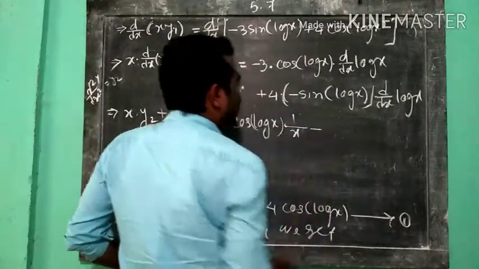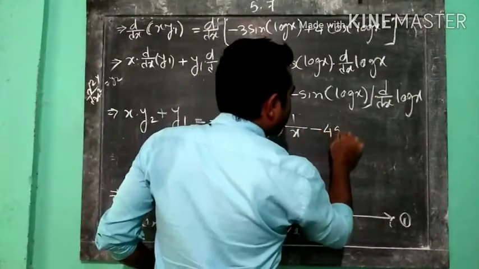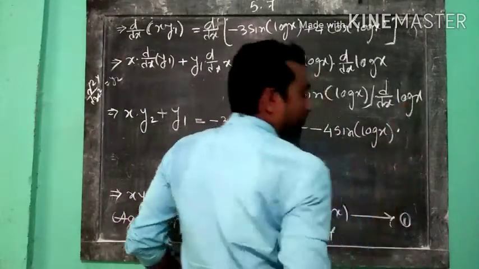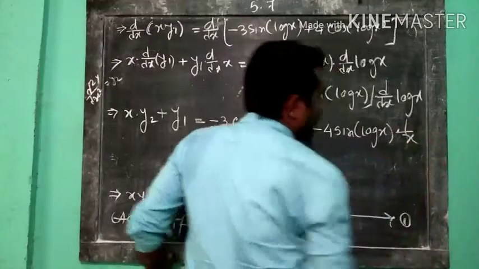This is minus 4 sin log x, and d/dx of log x is 1 by x.